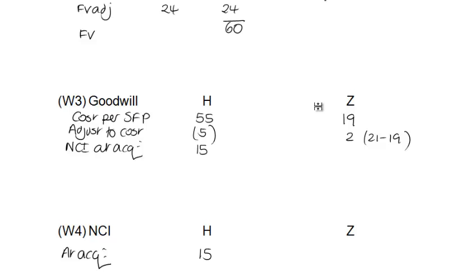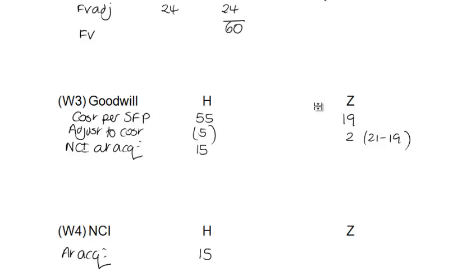Now the figure we've got of 19, the reason why there's a figure of 19 in the SFP and the cost is 18 is because we do revalue to fair value. We just didn't show the correct fair value at the date of acquisition. So therefore I'm going to increase that cost by 2, so I've got to debit cost of investment 2 and credit retained earnings with the 2. And that was really sneaky the way that that was laid out.